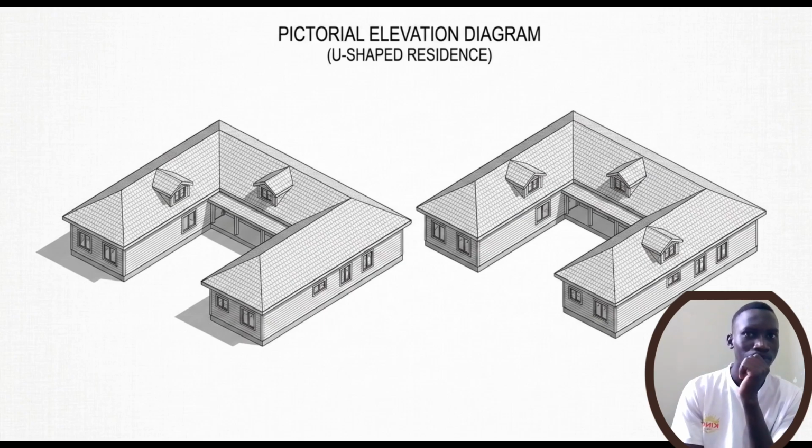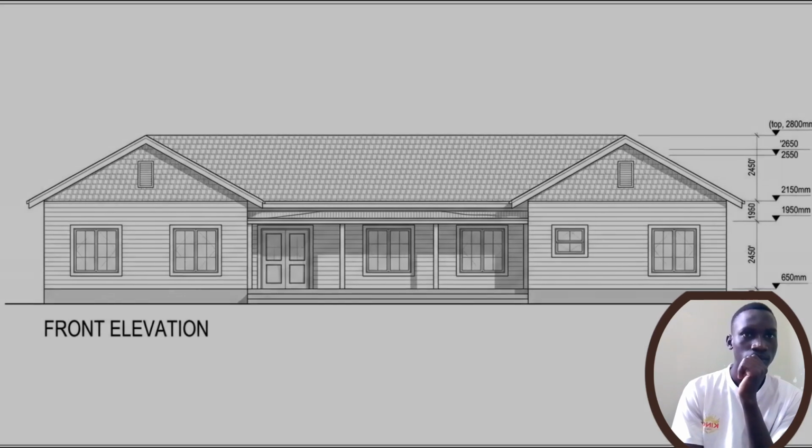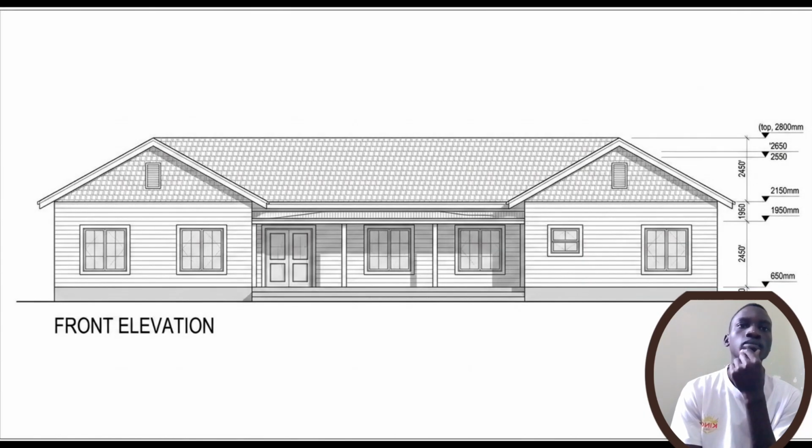The next thing we're going to look at is the front elevation of the U-shaped plan. As I told you in one of the previous videos, a front elevation is a diagram taken while looking at the building from a perpendicular direction.